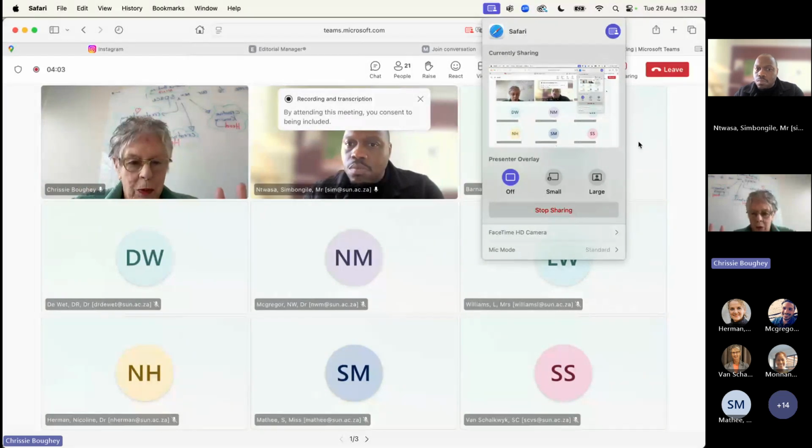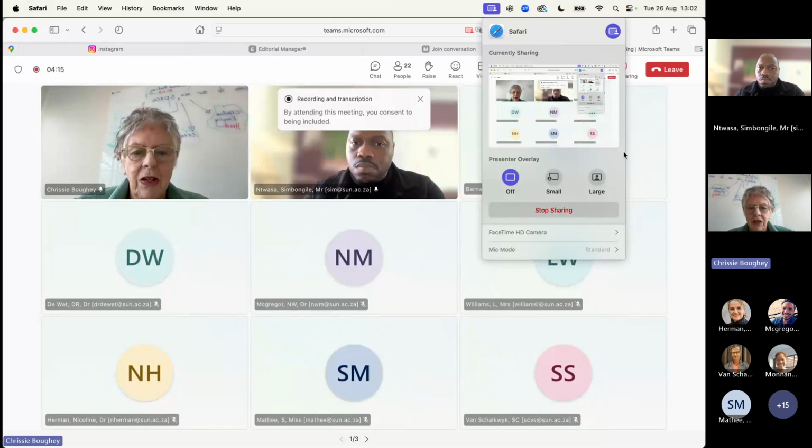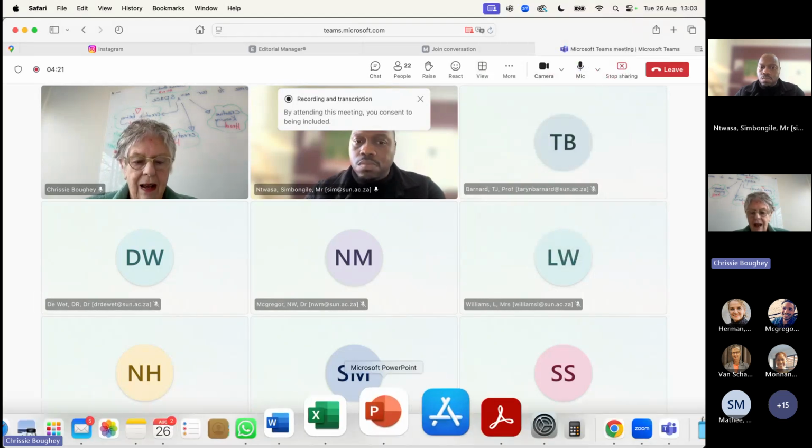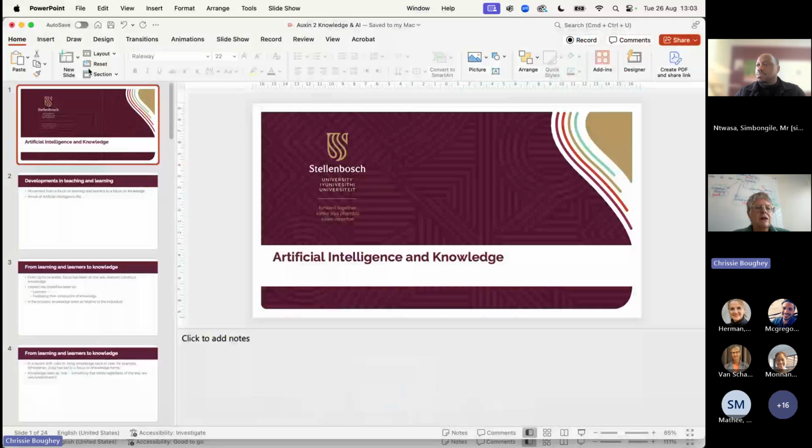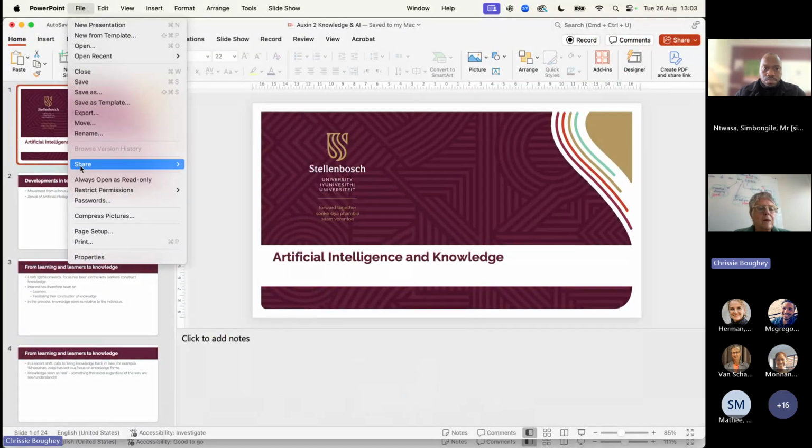There is one small problem, Sim, and that is that I'm using the browser, not Teams, because it wouldn't let me into Teams with my Stellenbosch password. I tell you what I'm going to do. I'm going to share the PowerPoint with you, and if necessary, we're going to have to do it that way.